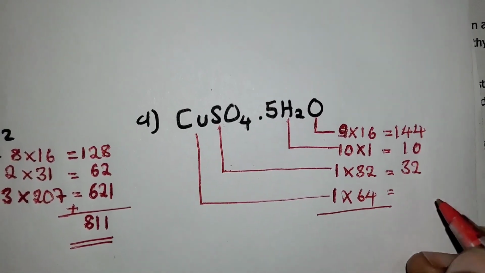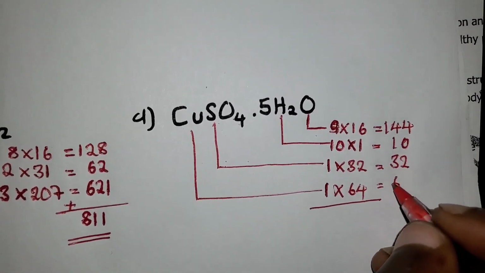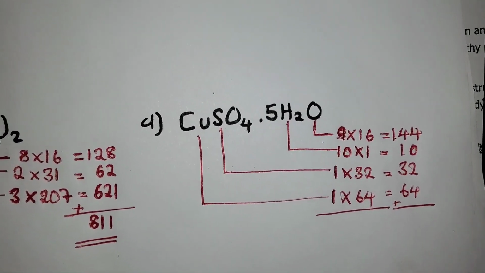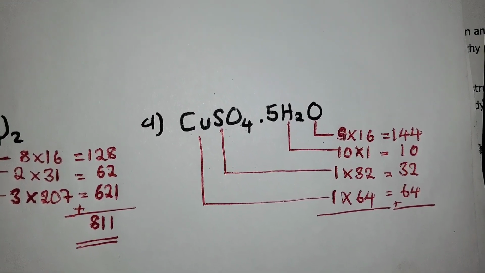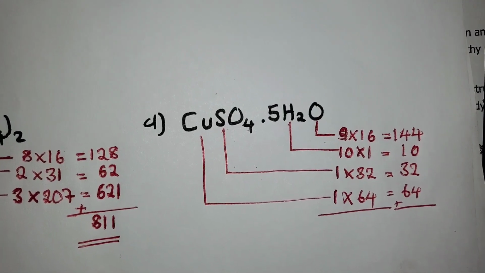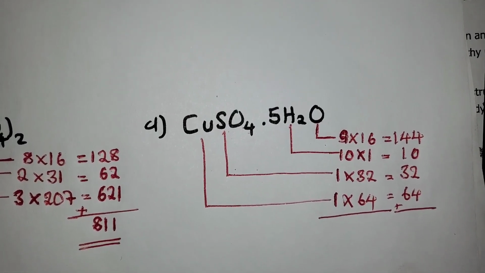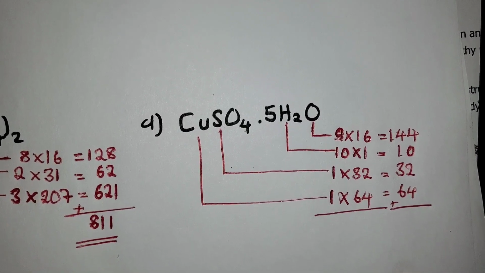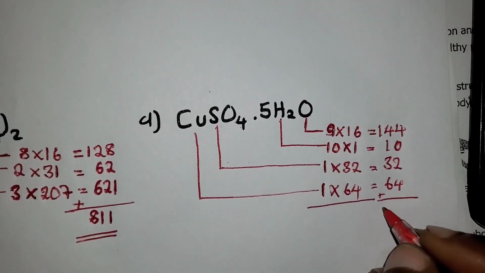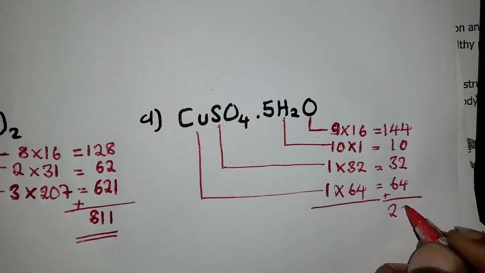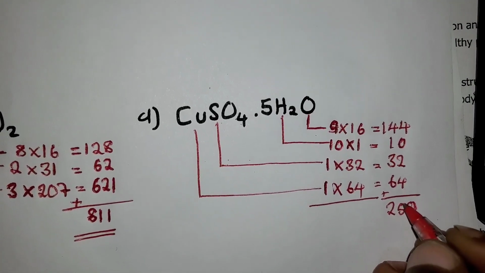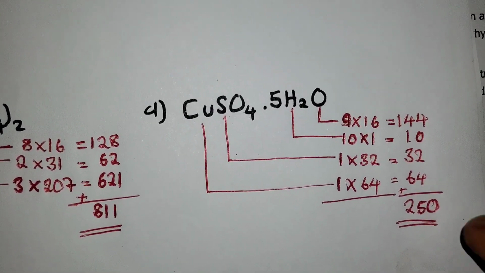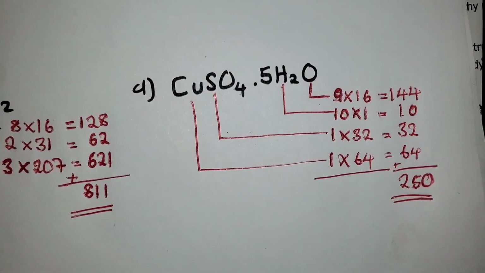Then this one will give us 64. Then we add: 144 plus 10 plus 32 plus 64, we have 250, and this is the answer to question D.